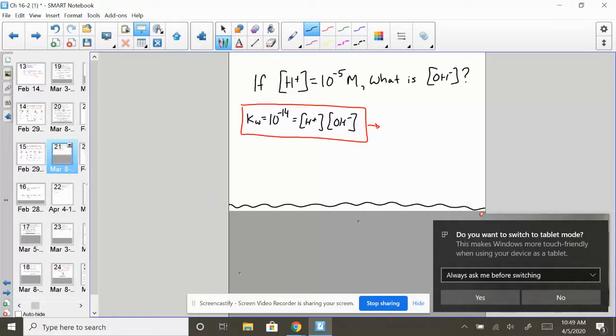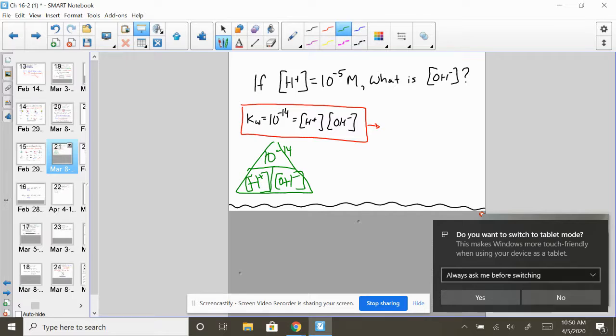Okay, if you remember this guy, okay, if Kw, or the ion product constant for water, is equal to 10 to the negative 14th, okay, this number is going to equal the product of these bottom two sections, which is the concentration of hydrogen ions, apologies for the bad handwriting, and the concentration of hydroxide ions.